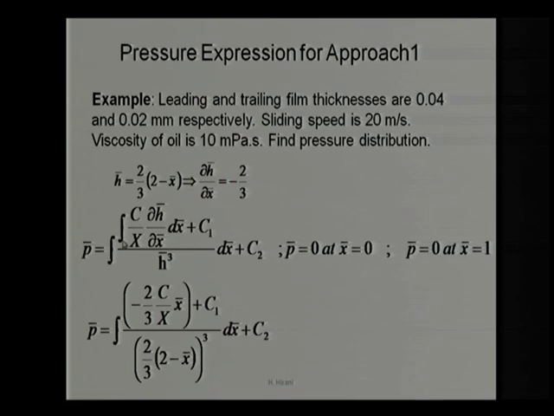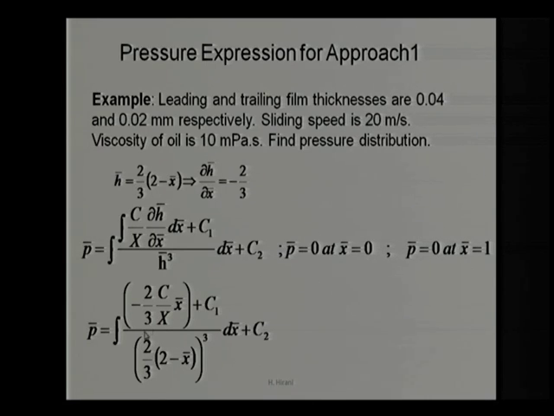So, the first term, after integration, will turn out to be minus 2 by 3, capital C is the clearance, capital X times x bar, plus this integration constant, and we substitute this value also, 2 by 3 in bracket 2 minus x bar cubed. Now, there are a lot of common terms in this expression, so we can rearrange.